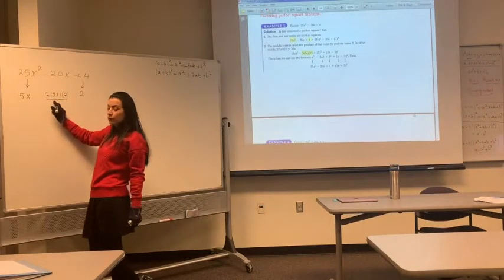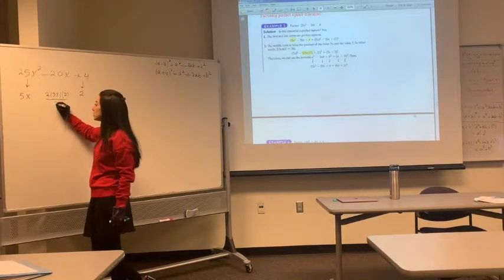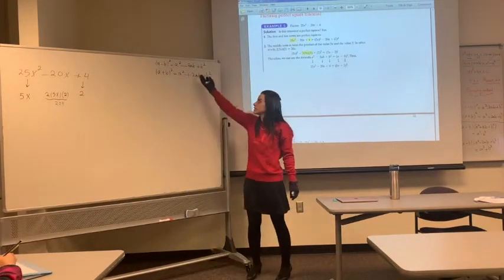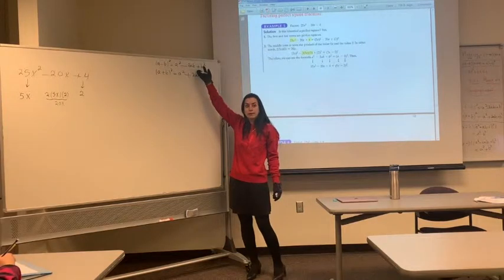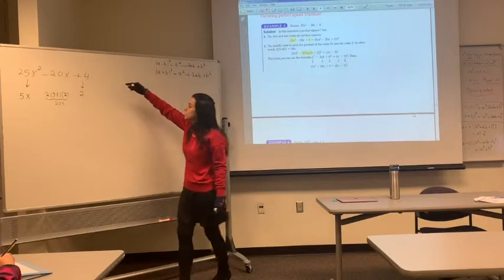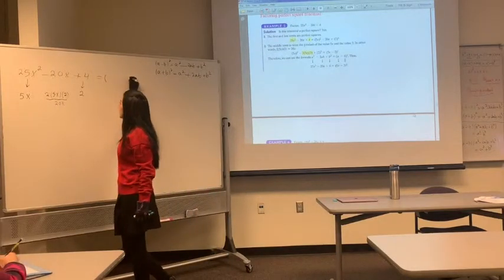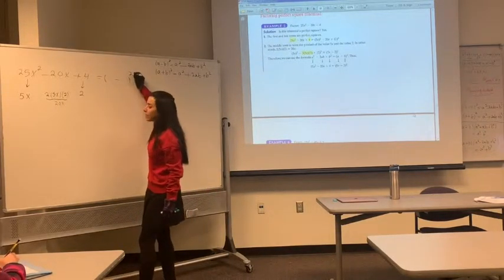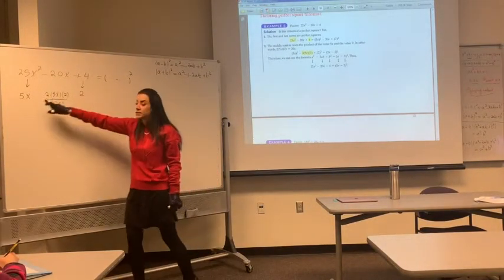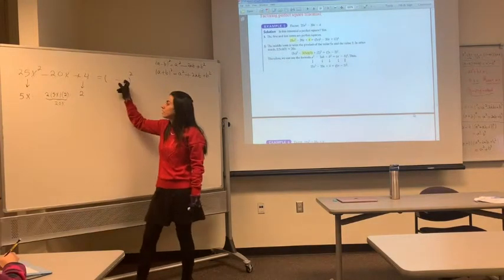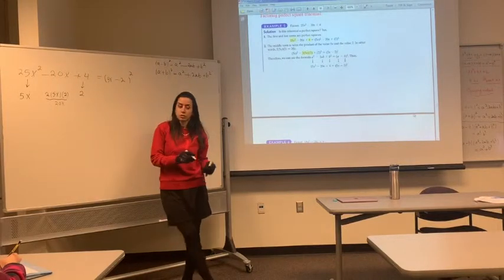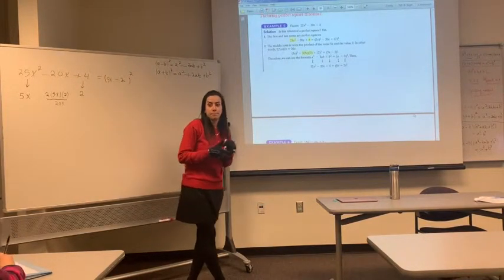So we will check this. 2 multiplied by 2 is 4. 4 multiplied by 5x is 20x. So everything is exactly the same as this one, right? And we have a negative sign. So this was A minus B power 2, right? So A is this number, B is this number, 5x minus 2.